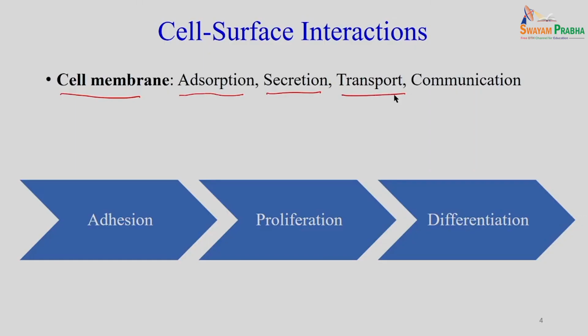It also decides how transportation of different molecules happens, and the communication between the cell membrane and the internal organs of the cell. Particularly, cell adhesion is communicated by signal proteins like integrins.